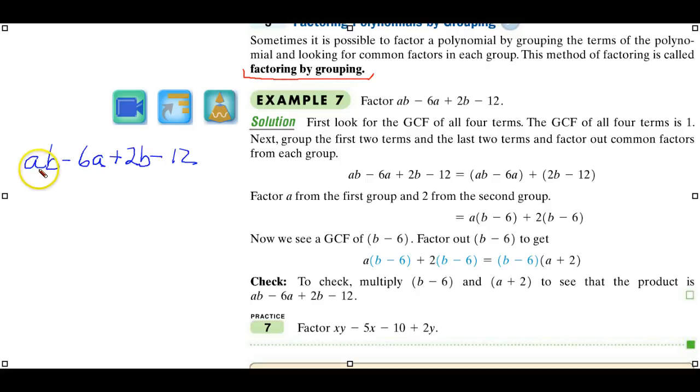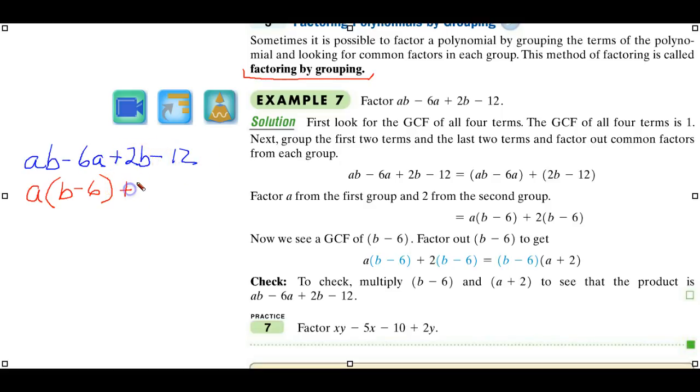And what we do is we look, let's say, at the first 2 terms. Is there a common factor? And you might say, well, there's A. And then I get a B minus 6. Then I look at the next two terms. Is there a common factor?